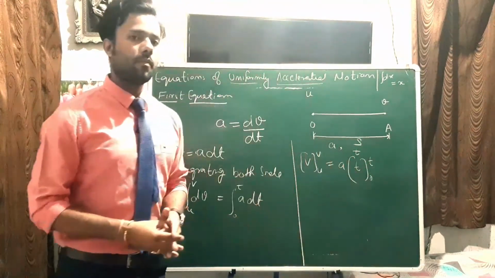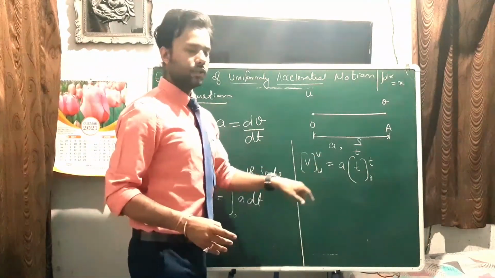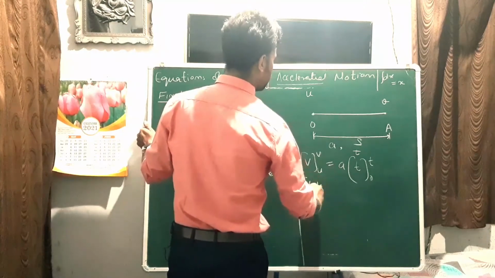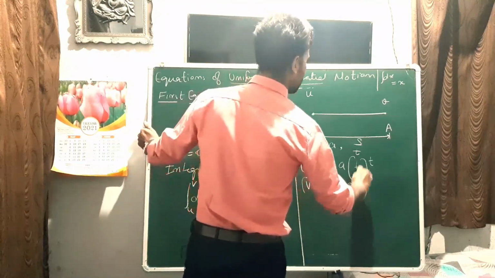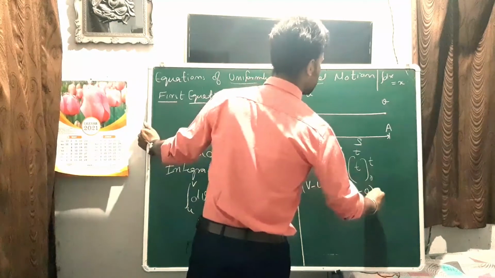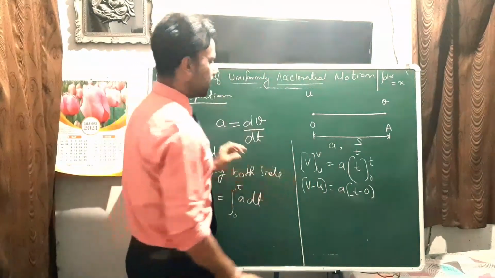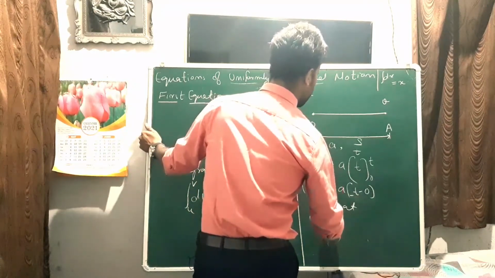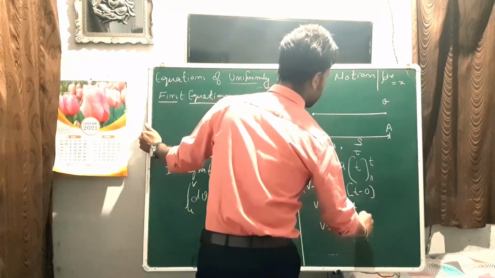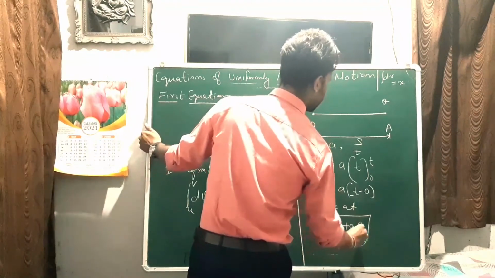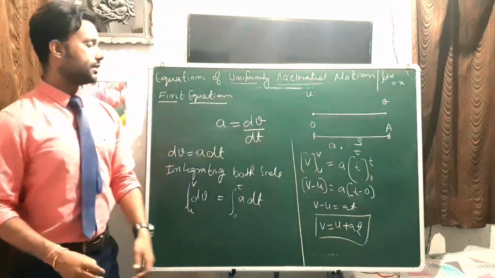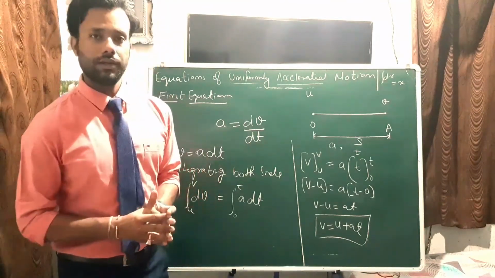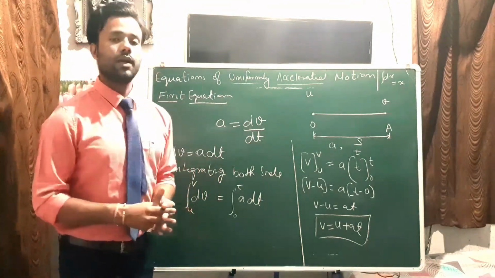Now you know how to apply the limits: upper limit minus lower limit. So the upper limit is v and the lower limit is u, equals a times the upper limit t minus lower limit 0. So what do we get? v minus u equals at, or simply v equals u plus at. So you can see we have derived our first equation, v equals u plus at.